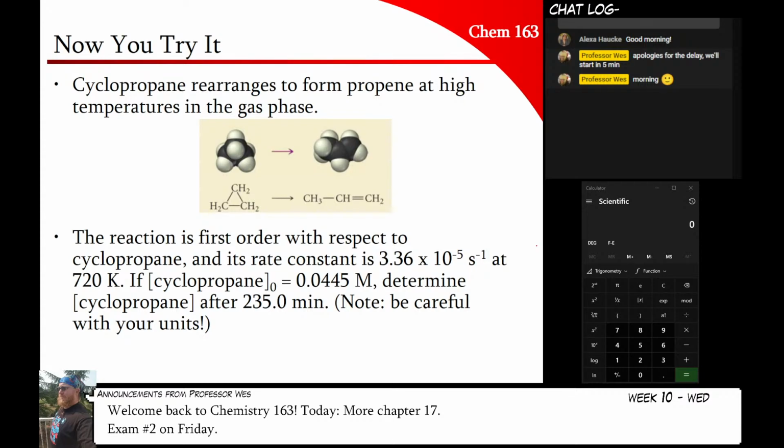All right, so this is cyclopropane on the left. Cyclopropane will rearrange with itself to become a non-cyclo compound. In other words, here all of my bonds are in a circle, or a triangle, I guess I should say.